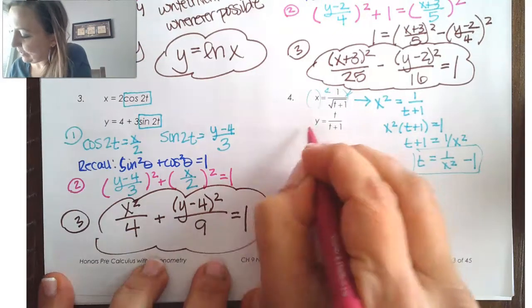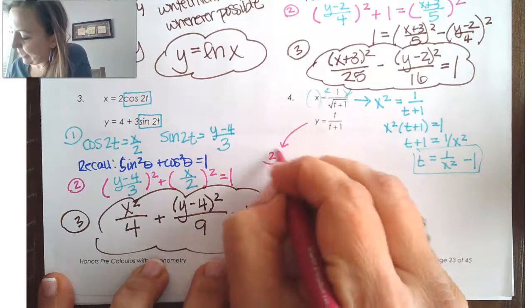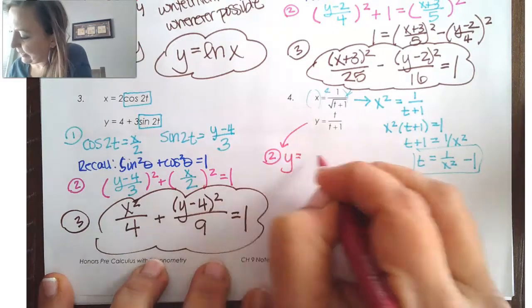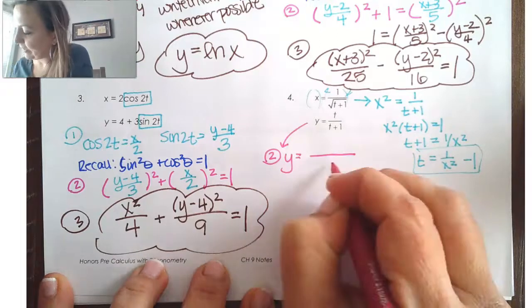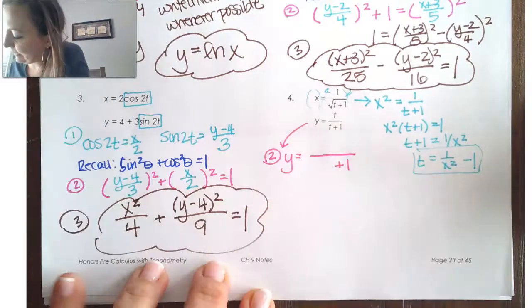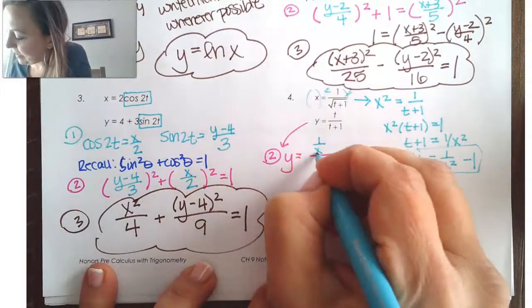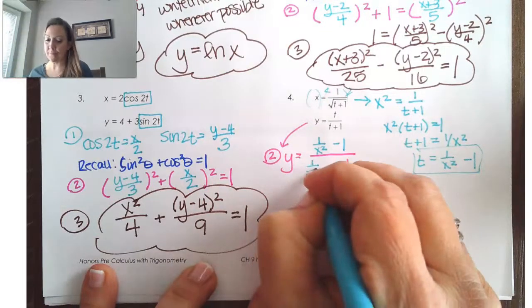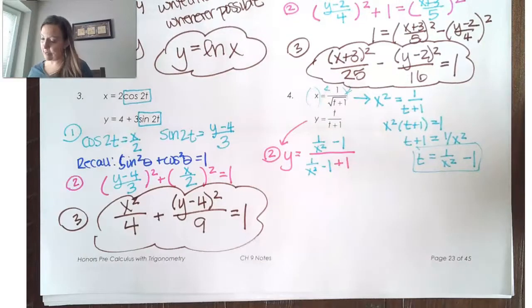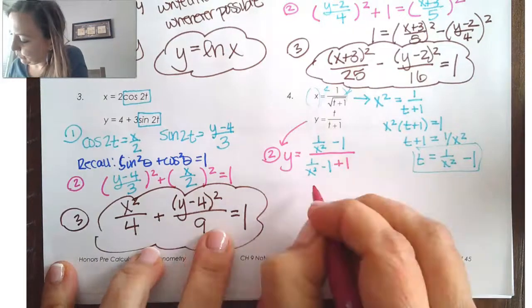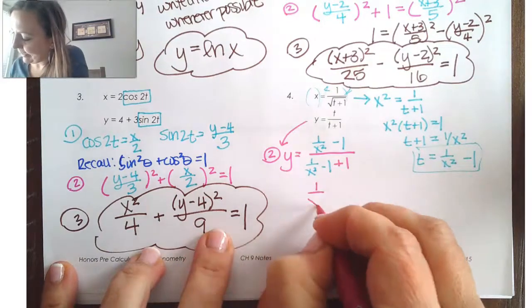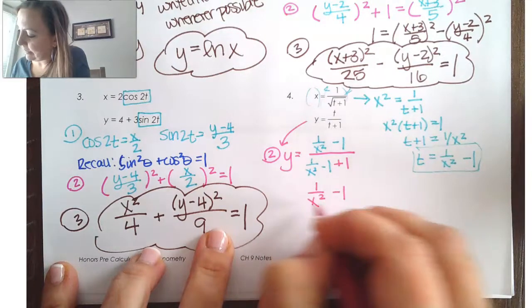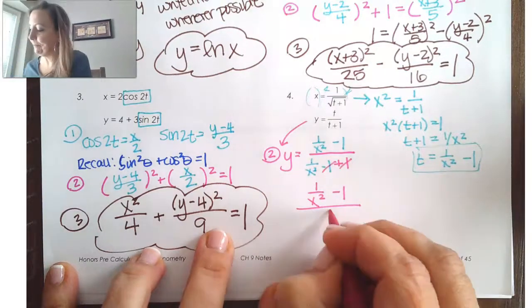I'll take the y equation, y equals t over t plus 1. Remember, my t was 1 over x squared minus 1. We can see the minus 1 and plus 1 cancel out here. So I have (1 over x squared minus 1) over (1 over x squared).